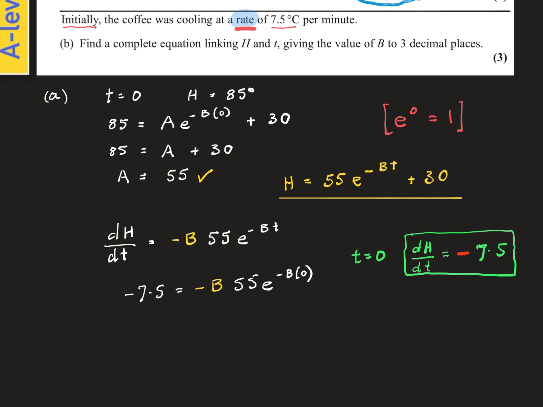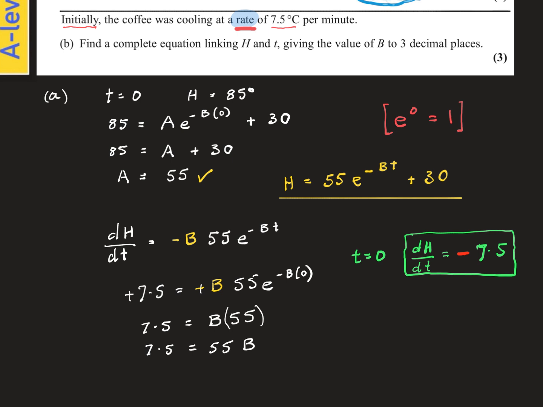So once again, this e to the minus B times 0 will be 1. So our new equation, and at this stage I'm going to also cancel the minus on both sides. So it'll be 7.5 is equal to B 55, which isn't a nice way of writing because we should always put the number first, 55B.